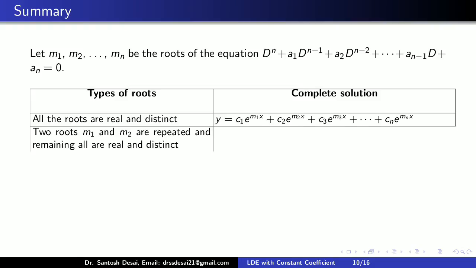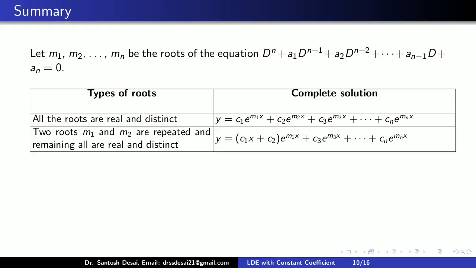If two roots are repeated, let us take m1 and m2 are repeated and the remaining are all real and distinct, then CF is given by, first you write the term C1x plus C2 into e raised to the repeated root into the independent variable. So that is C1x plus C2 e raised to m1x plus C3 e raised to m3x plus and so on Cn e raised to mnx.